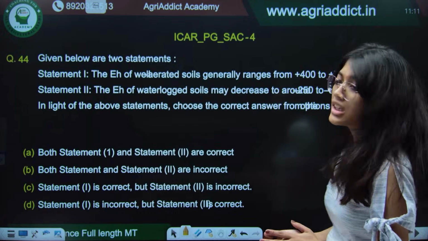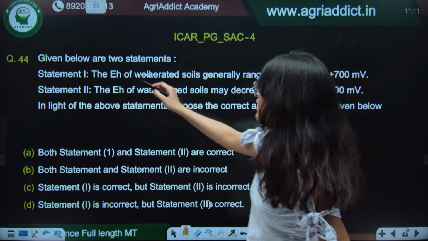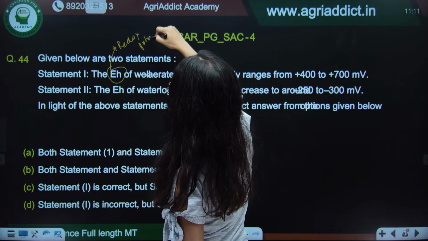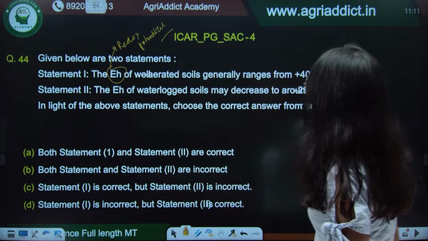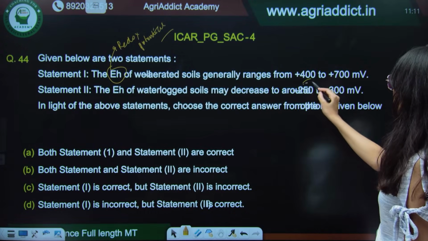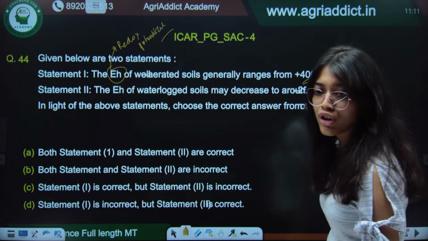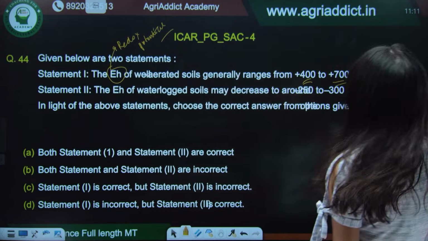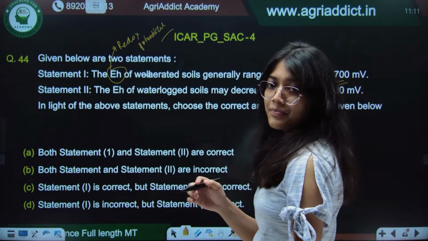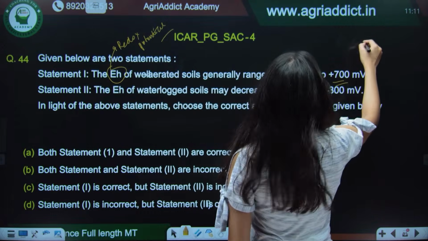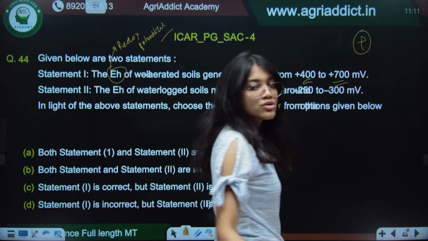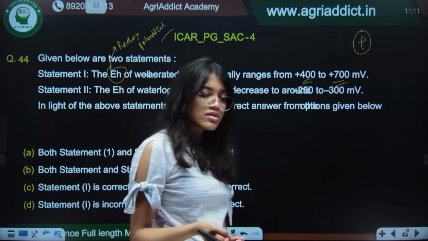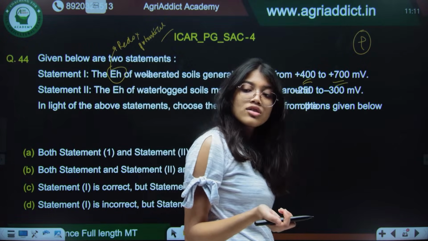Next, EH. So, what does EH mean? EH means redox potential. The redox potential of a well aerated soil generally ranges from plus 400 to plus 700 millivolt. Now, whenever redox potential is positive, do we have oxidizing conditions or reducing conditions?